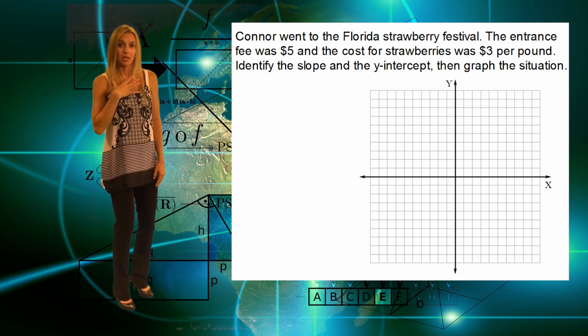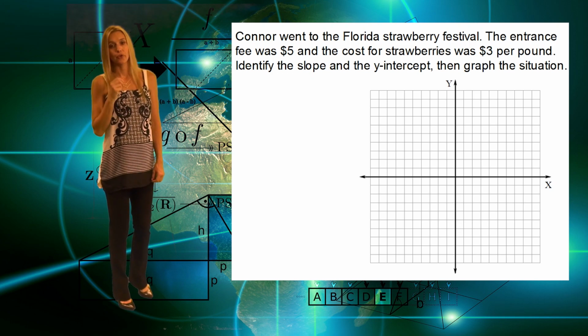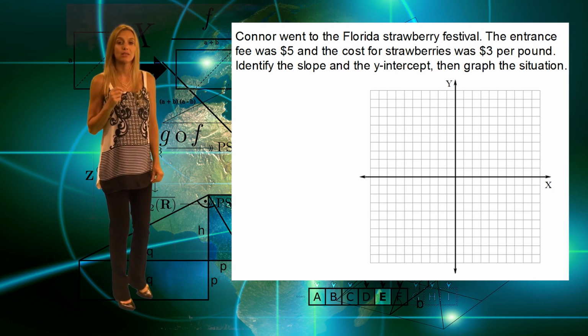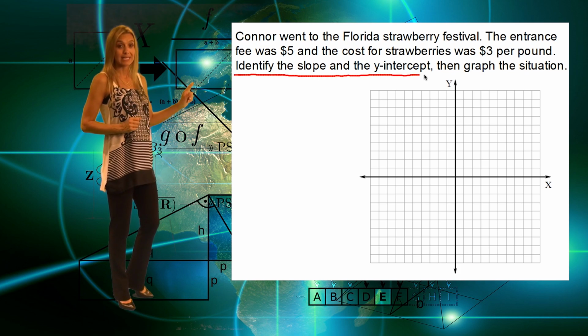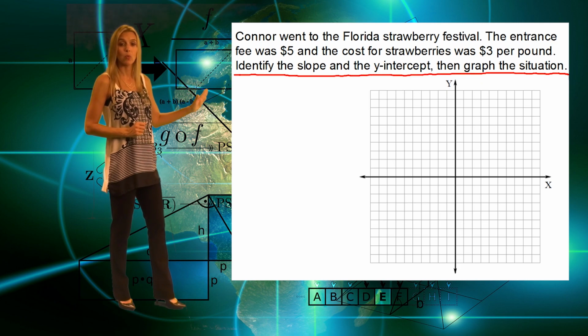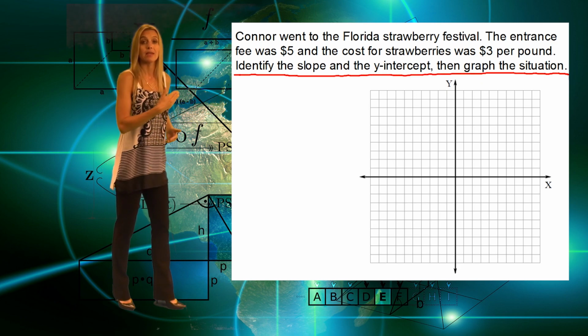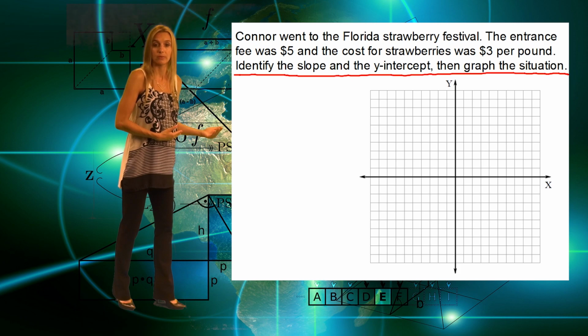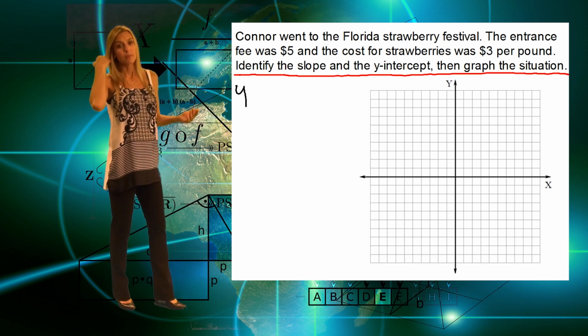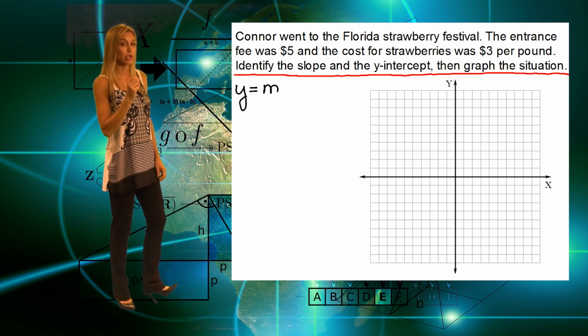When I see a word problem, the first thing I like to do is read the question. And the question says, identify the slope and the y-intercept, and then graph the situation. Well, let's look at what kind of information they are giving us.